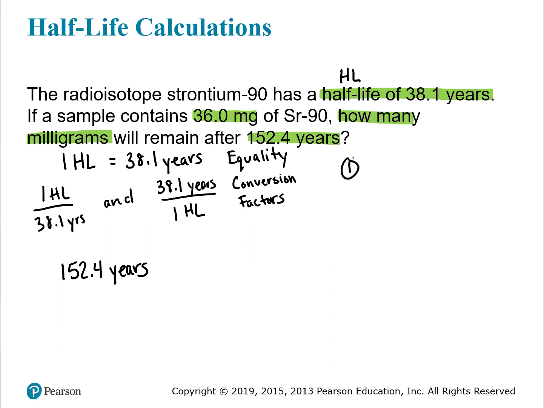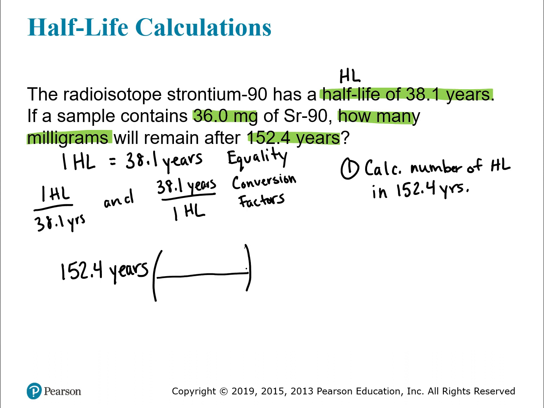So that's the first thing that we're doing to solve this problem. Let's calculate the number of half-lives in 152.4 years. We have to use the conversion factor that will cancel out years. Years is already in the numerator, so we need years to be in the denominator.